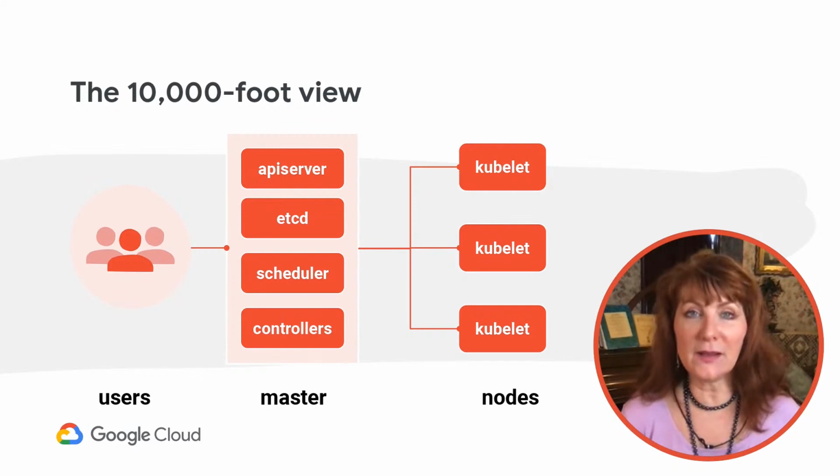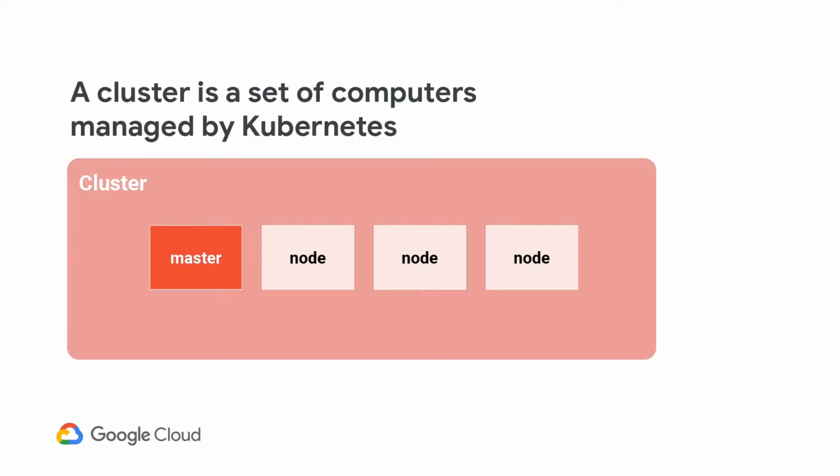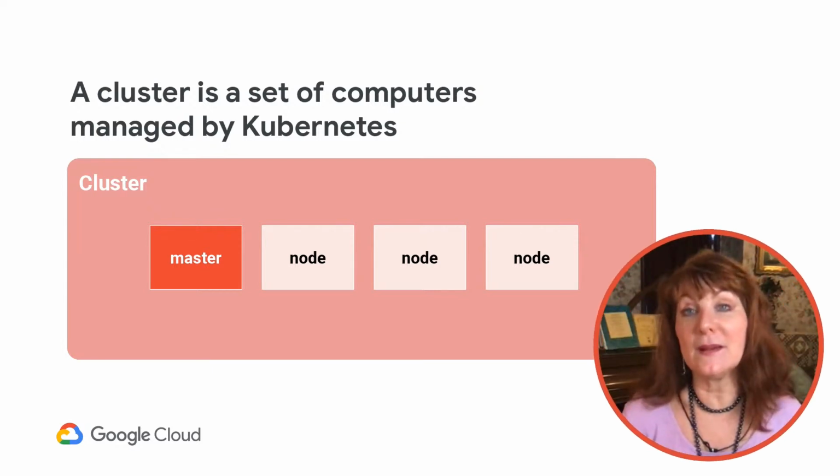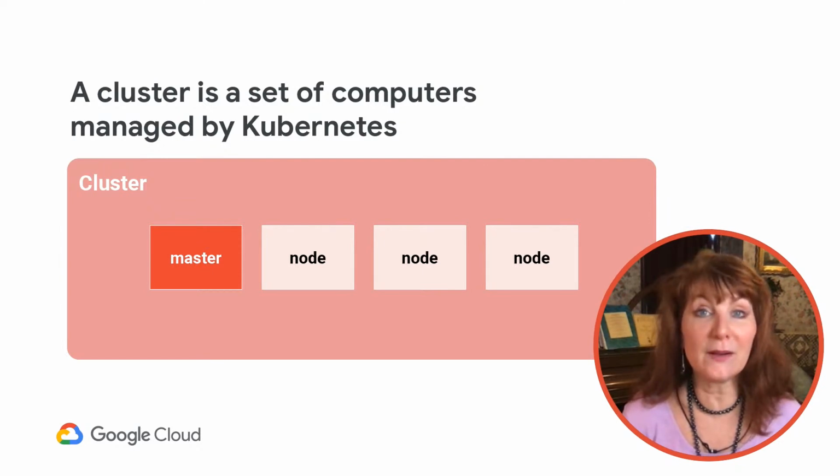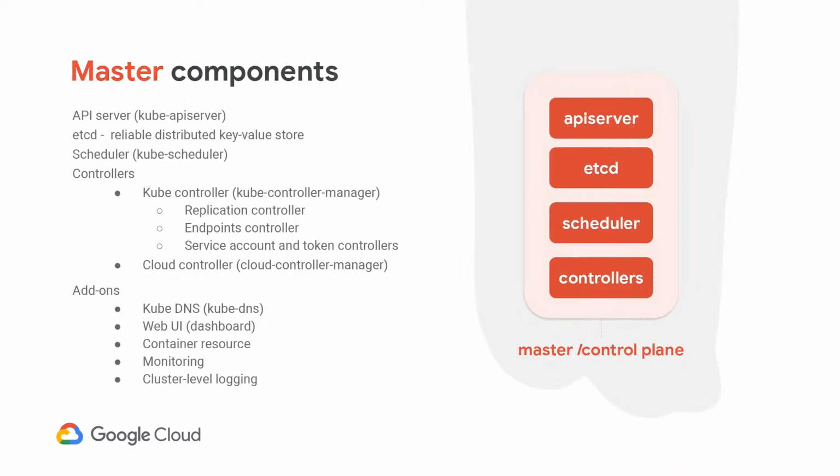Users access the API via command line interface, HTTP, or a user interface. And a cluster, as we've already defined, is a set of computers managed by Kubernetes. It's working as an instance, and everything managed by Kubernetes, of course, is going to be orchestrated by Kubernetes. So the API server is the main interface to all the other components, and it runs on the master node.